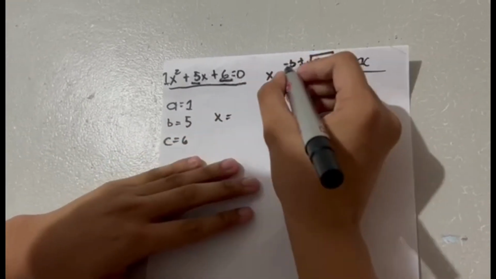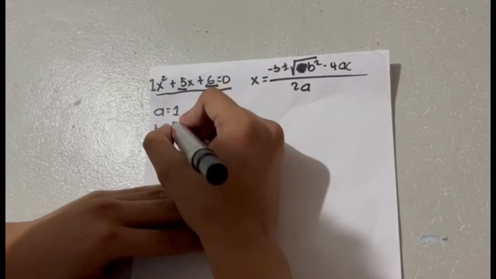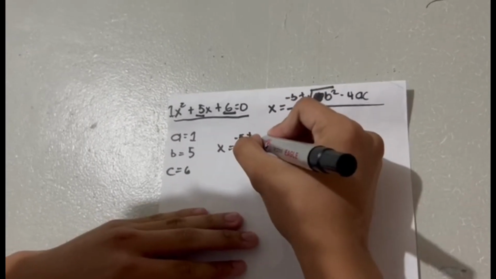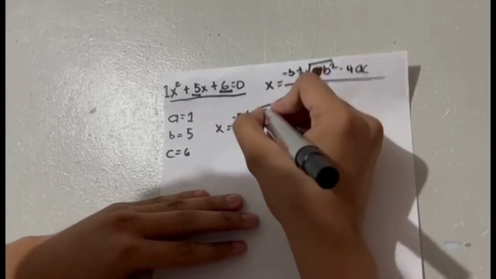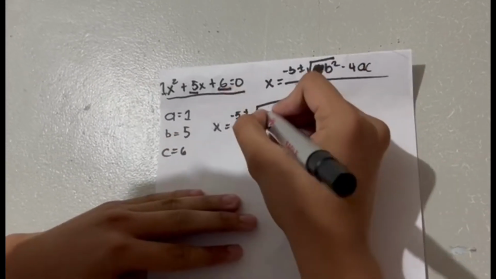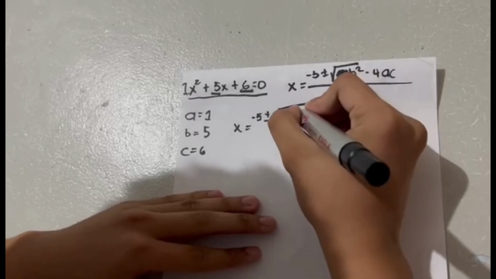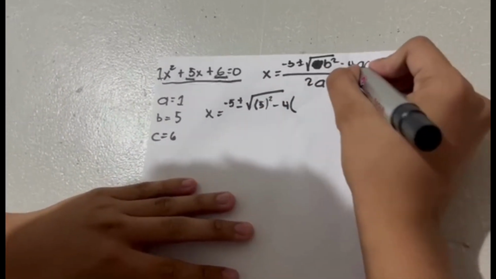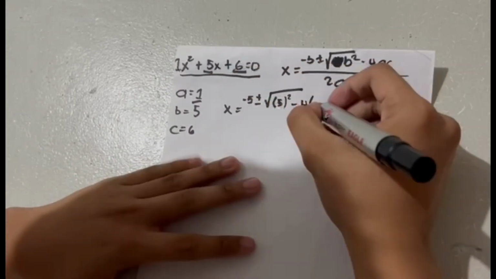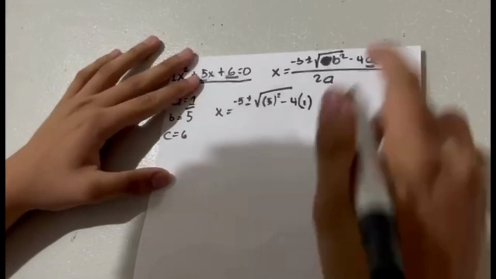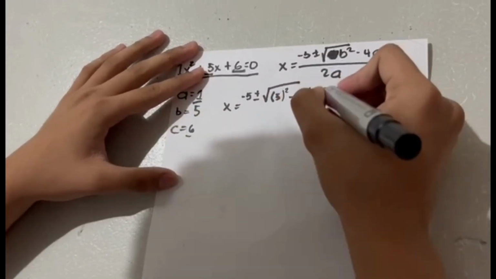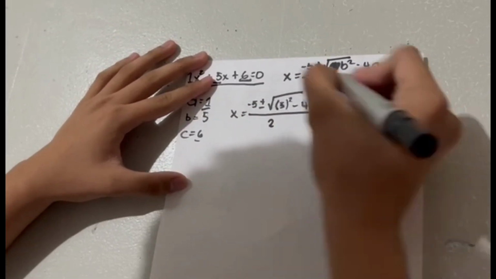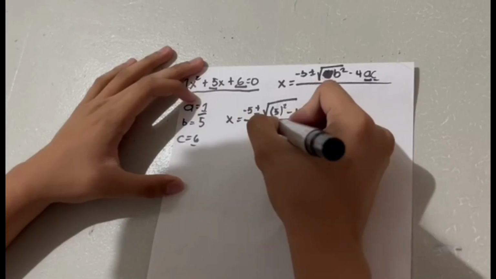So, negative b, negative 5, plus or minus the square root of b squared. Now, b here is positive 5, squared, minus 4 times a. The a here is 1 and c is 6, all over 2 times 1.